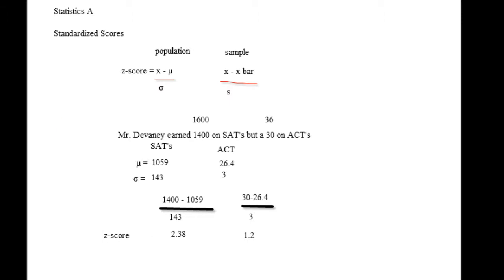In the beginning it was kind of hard to tell which one was better, but I can see that compared to the rest of the people, my Z-score is higher for SATs.